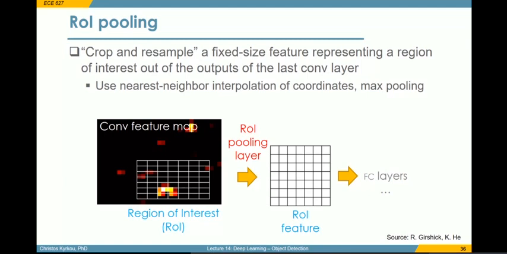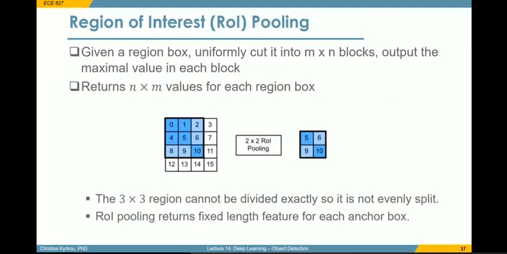So in this visualization, we see an example of this process. We have a feature map that is extracted by a convolutional neural network, and the selective search predicts the region from this feature map. The ROI pooling layer reduces its shape into a specific size using nearest neighbor and max pooling, and then it feeds it into the fully connected layers.